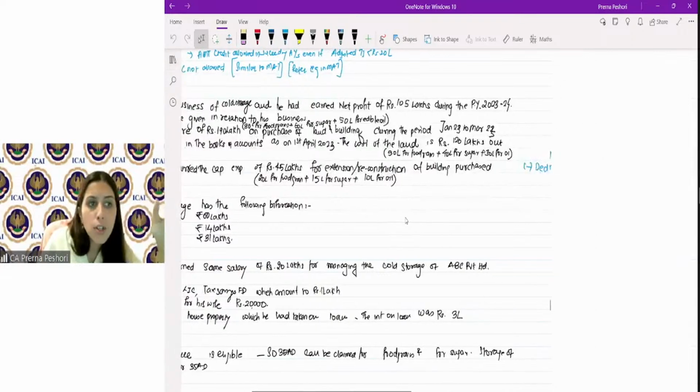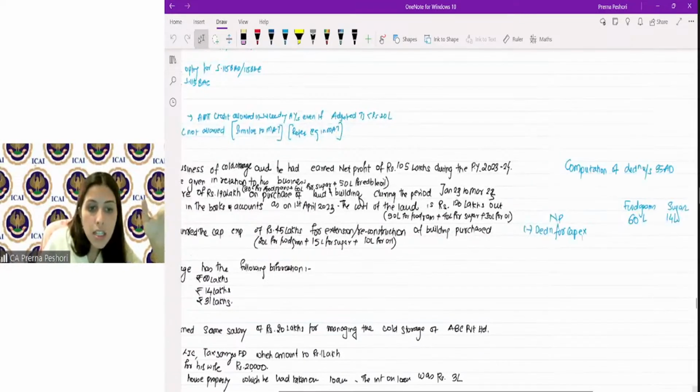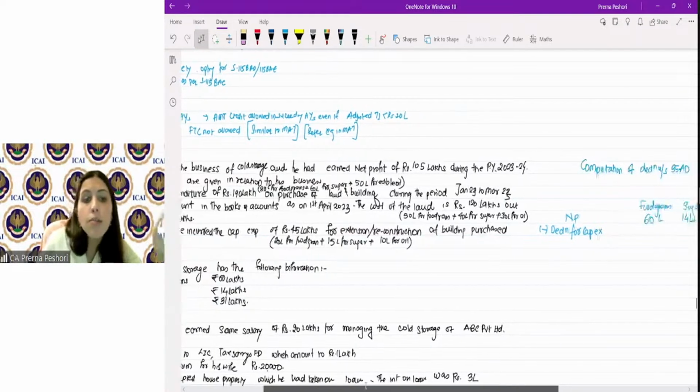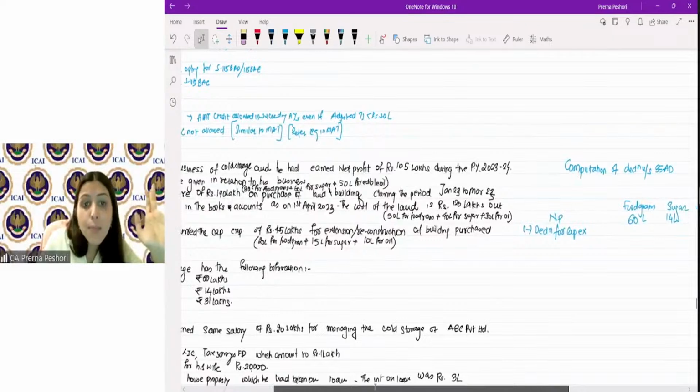So if you look at the question, it says the expenditure of 190 lakh was in the previous year, Jan 23 to March 23. It is not from April 23 onwards. It is of the prior year. But it has been capitalized as on 1/4/2023. So we will get that, but we will exclude the amount of the land expenditure.